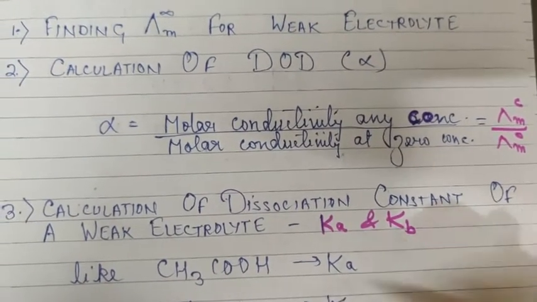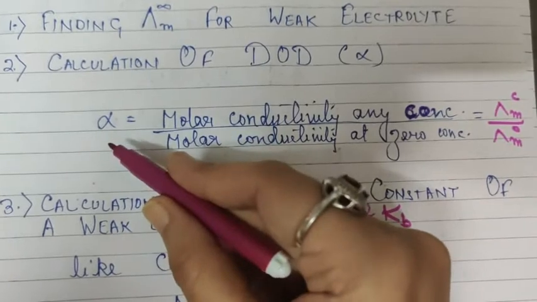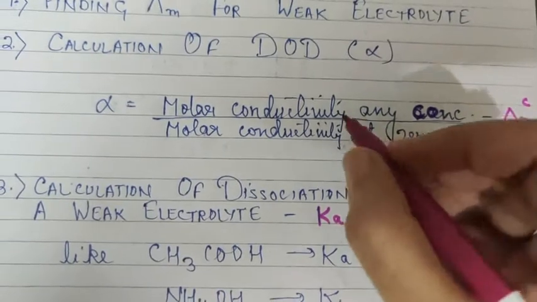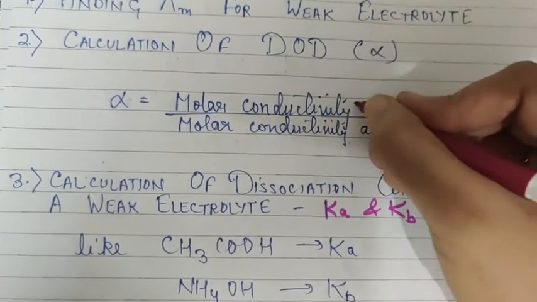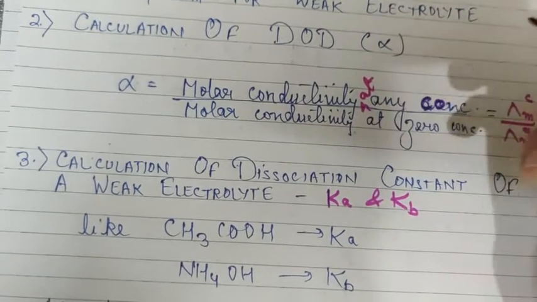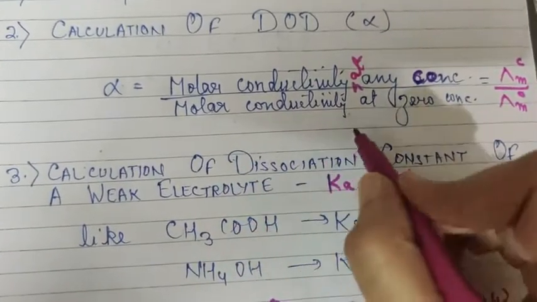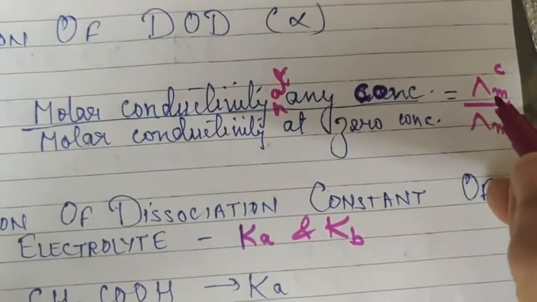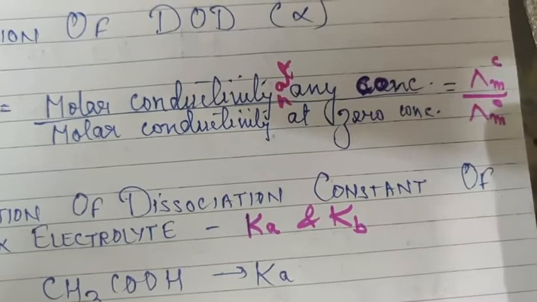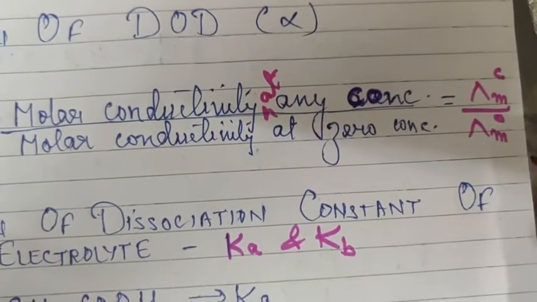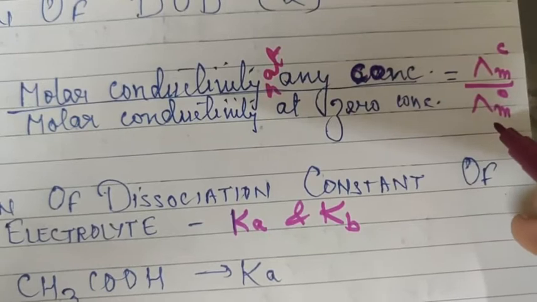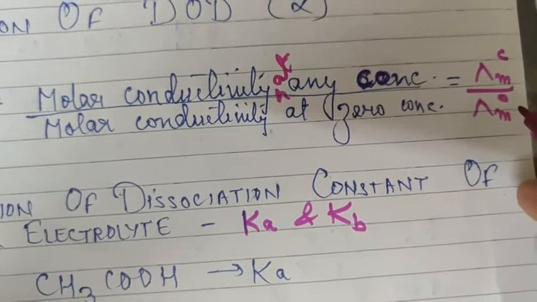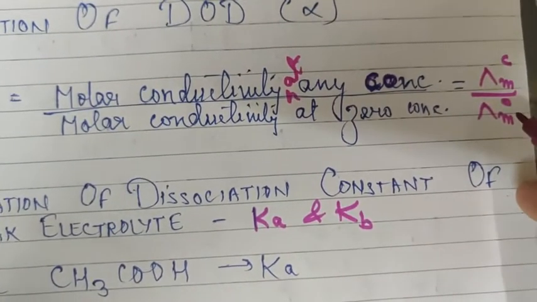So here also, when you have to find alpha, the formula that will be used is the molar conductivity of an electrolytic solution at any concentration upon molar conductivity at zero concentration or infinite dilution. Symbolically, Λm^C represents the molar conductivity at any concentration, upon Λm^0, the molar conductivity at zero concentration. So I hope this much is clear to you.